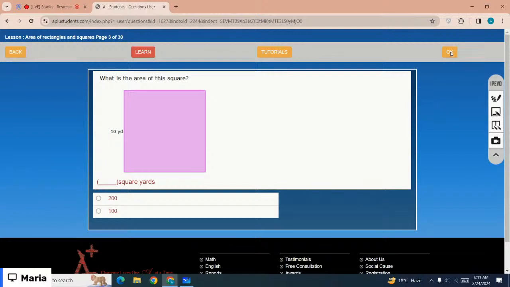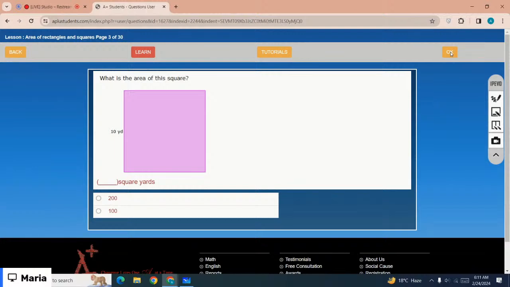What is the area of the square? So which is the correct option? The correct option is you have to do 10 times 10 because that is a square.